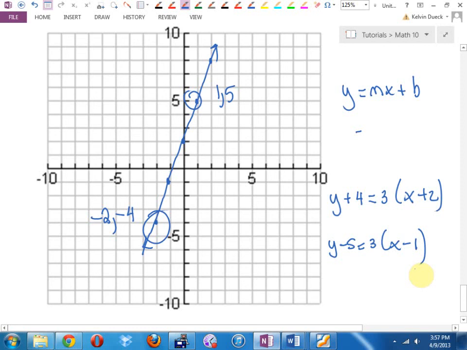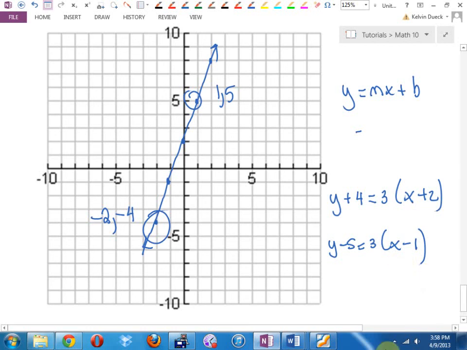Okay, so that was one. Then we get to the written section. The written section is very similar to the written section of the review that I gave you. Really no big surprises.